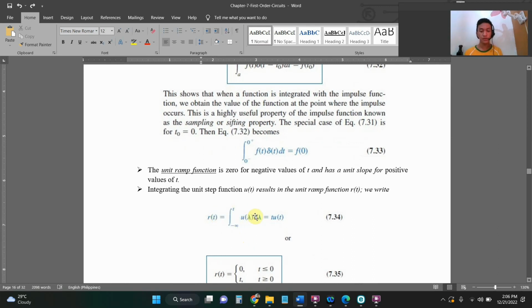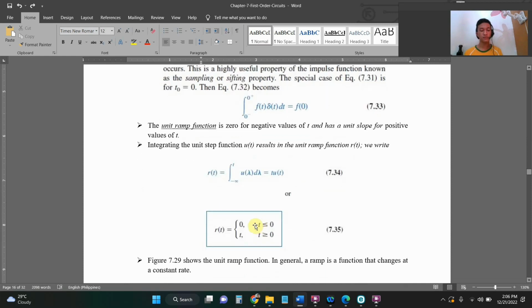So r(t) is equal to 0 when t is less than or equal to 0, and r(t) equals t when t is greater than or equal to 0.